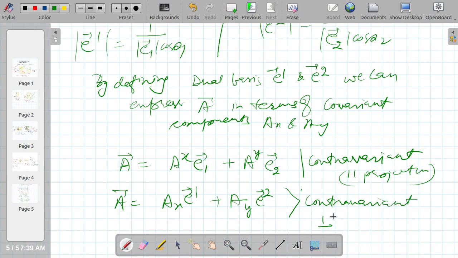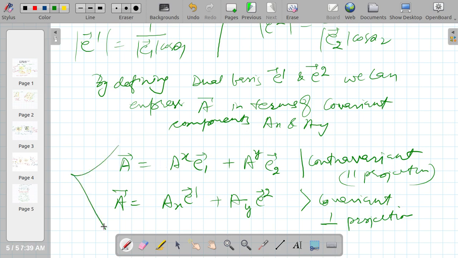This is known as covariant, not contra, or perpendicular projection. So this is a new idea emerging from this discussion. Thanks for watching this lecture.